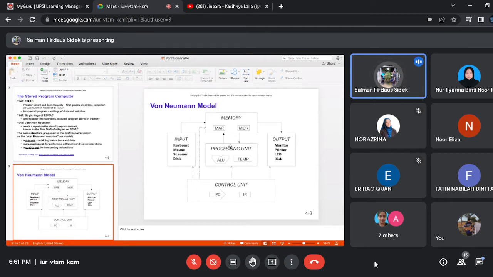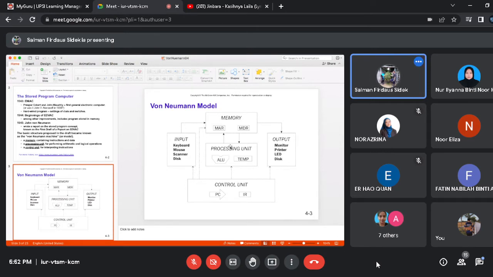For the data that has not been processed yet, I will use the term data. But the data that has been processed, I will call information. So there are 2 different labels or terms for the same thing.